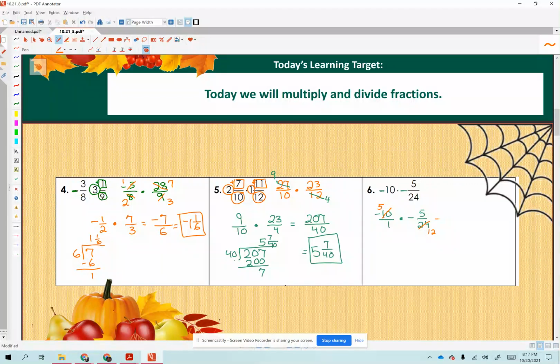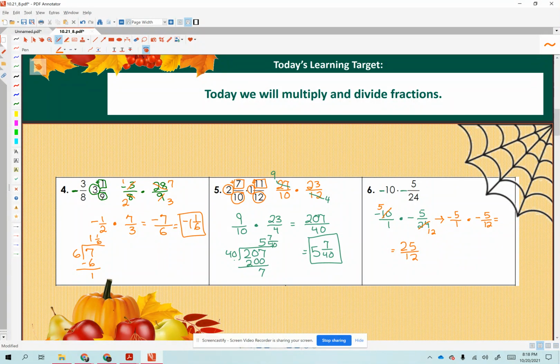So then I can rewrite my problem as -5/1 times -5/12. And then I will just simply multiply. -5 times -5 is +25, and 1 times 12 is 12.